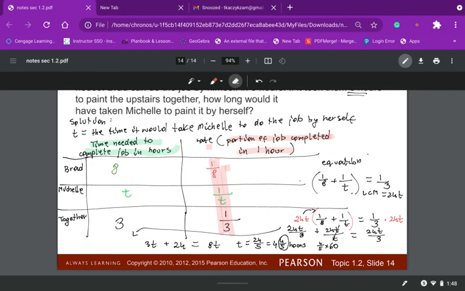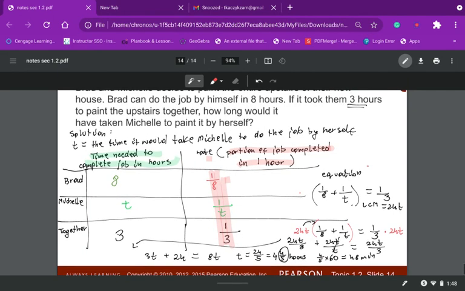That will give you 48 minutes. So here the final solution of this problem will be 4 hours and 48 minutes. That's how long it will take Michelle to paint the house by herself.